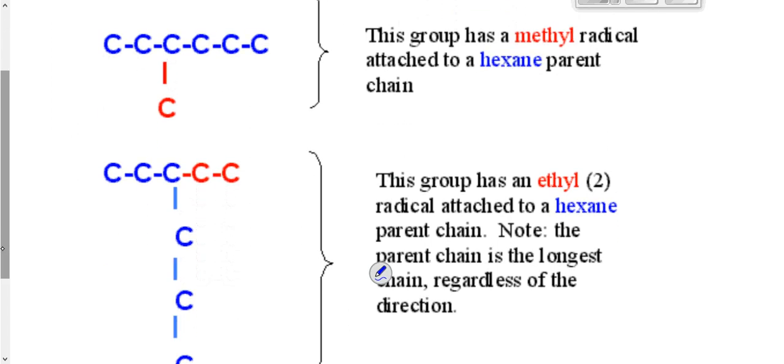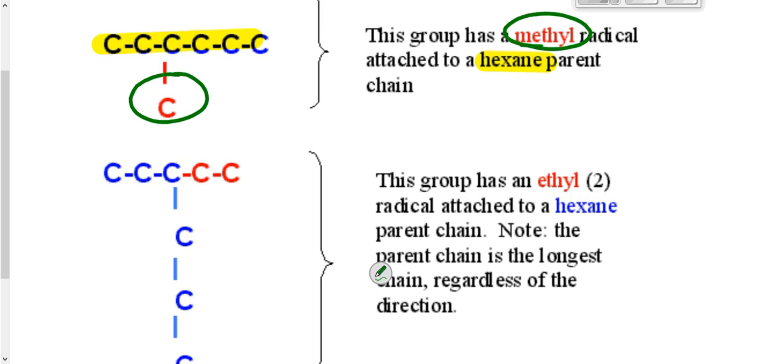In this first one, again, you're going to notice that the carbon chain is 6 carbons long. A 6 carbon chain is called hexane. But sticking off of the hexane chain is a branch. This carbon is not highlighted. The branch itself is only 1 carbon long off the main chain and is called methyl.